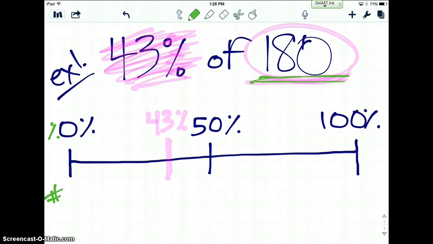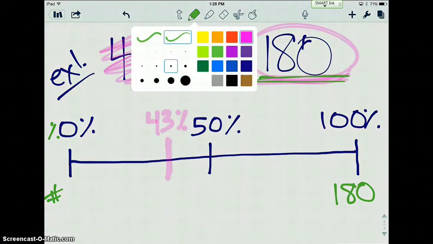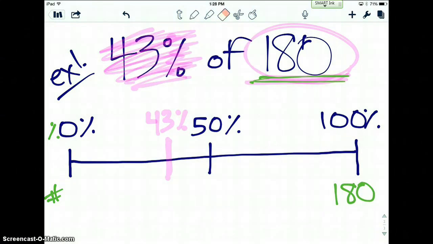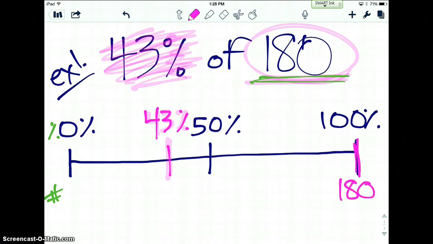If I got 100%, I got 180 of them correct. So I'm going to attach the 180 with, and actually that was the same color. I should be using the same color as this one. So I had 43% here, in between 0 and 50. And then I have 180 that I'm placing with the 100.